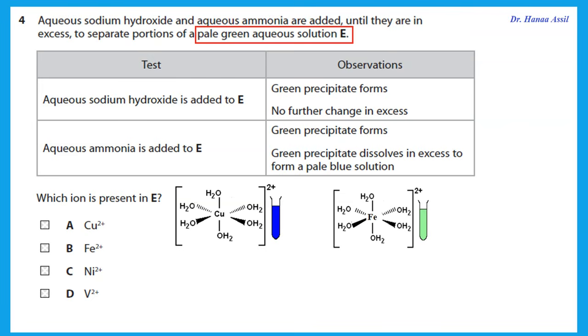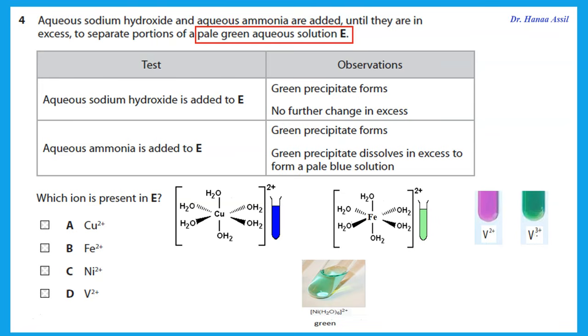But what about nickel? Well, nickel as a solution is green. That's correct. Remember vanadium is not green. So vanadium is not an option. Vanadium 2+ is purple. Vanadium 3+ is the one that's green. So it's not vanadium. So let's look at nickel.